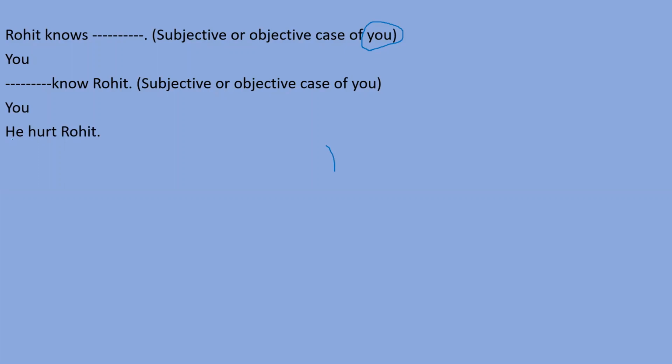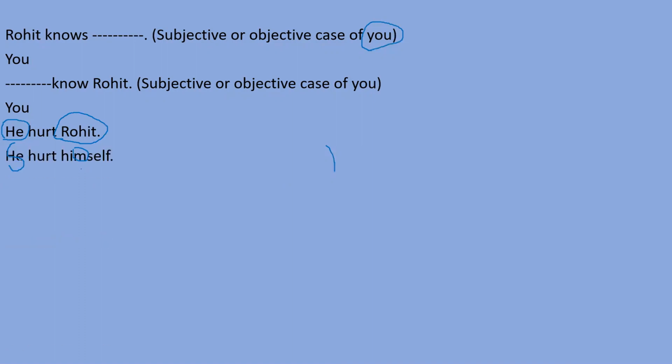Dear friends, you can see this word is the subject here. He hurt Rohit. उसने रोहित को hurt किया. So "he" is the subject here, and Rohit is the object. The doer is the subject and the receiver is the object. Clear? I think you are getting this point. So before the verb we write the subject, and after the verb we write the object.